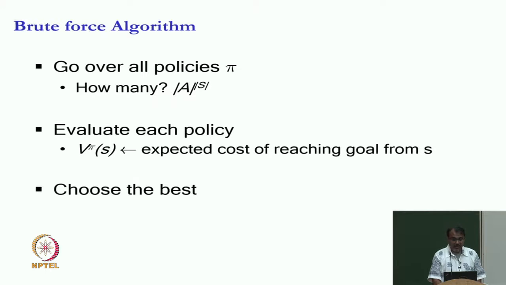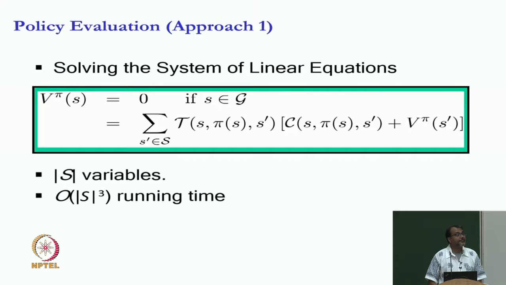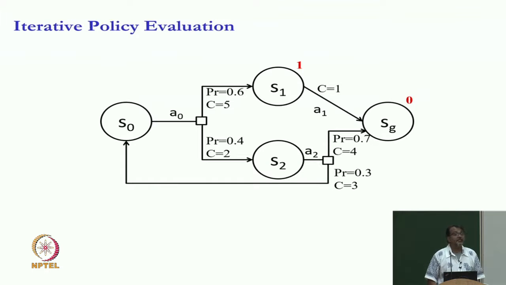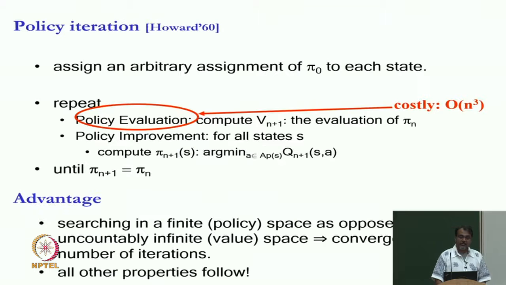One is solving the system of linear equations, which can be done in order s cube time, and the other is the iterative policy evaluation. So, the goal there was, given a policy, can I compute the value function, and that is exactly what I am going to use in the policy iteration algorithm.